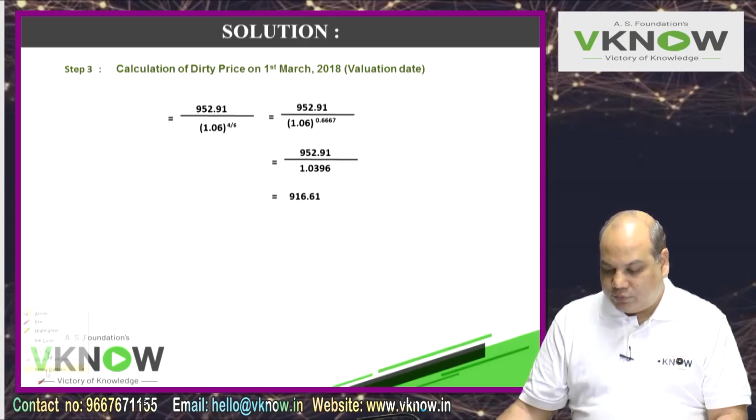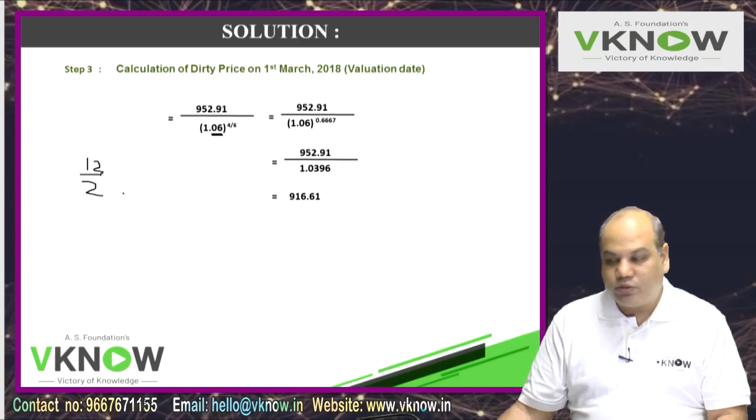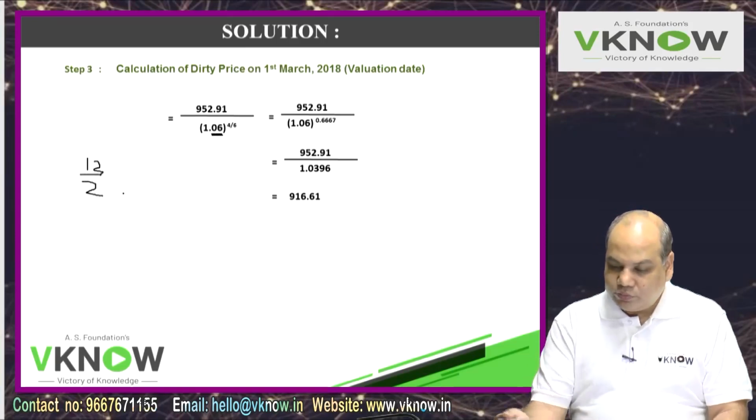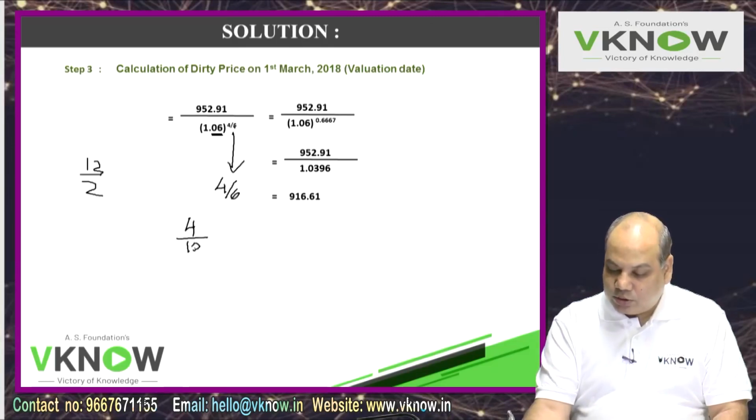Now again understand, for those who want to understand this calculation, how this 0.06 has come. It is a semi-annual bond. So 12% divided by 2 will give you 6. And how this 4 by 6 has come? One way to understand is 4 months out of 6 months. That's it. Other way to understand is 4 by 12 years.